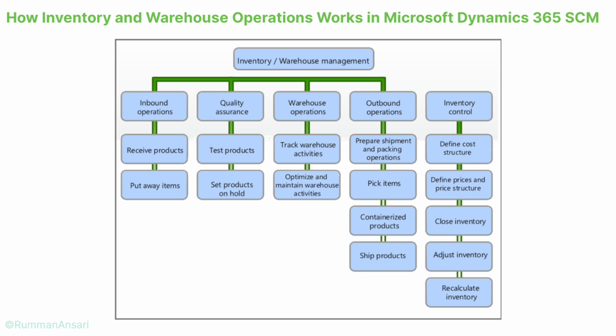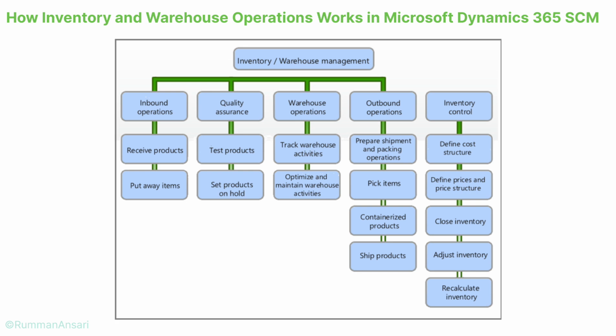After that, in the image or in the diagram, you can see beside the warehouse there is outbound operation. Outbound operations can be of several types. In these operations, there are functions like prepare shipment, pick the items, pack the items, containerize products, and ship products.